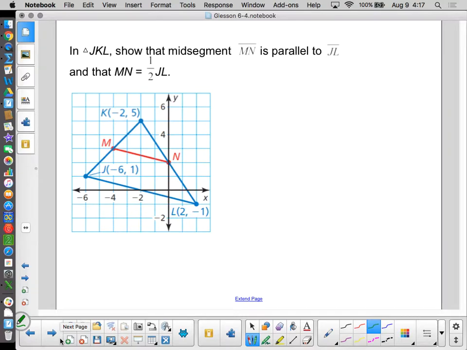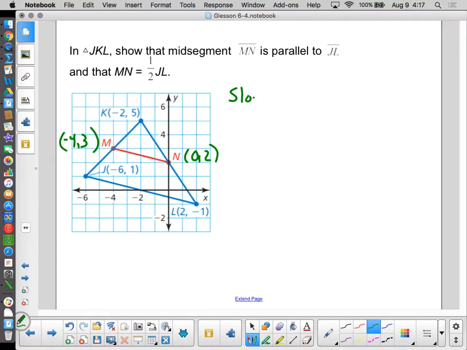So M has coordinates, and really here I can read it off. It's at exactly -4, 3, because it's drawn in for me. N is clearly at 0, 2. So that certainly helps me. I'm also going to cheat a little bit finding the slopes.